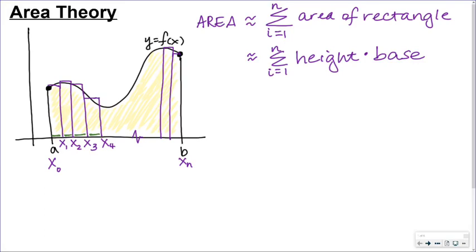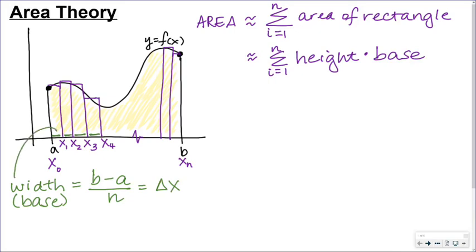The width, or the base, of our rectangle is going to equal b minus a divided by however many rectangles we have. And let's call that delta x. Again, this assumes that we have even subintervals, so b minus a divided by n gives us delta x.